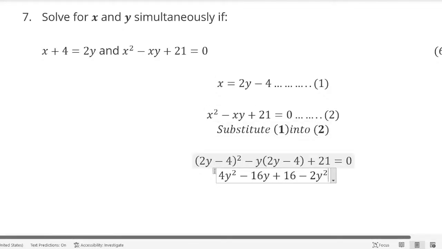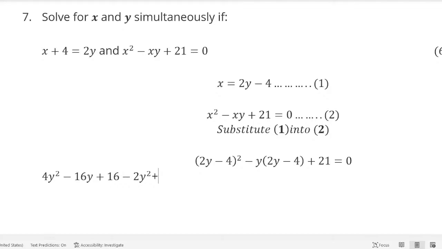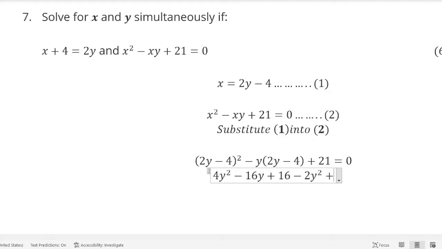Then negative y multiplied by negative 4 is positive 4y. Then plus 21 is equal to 0.